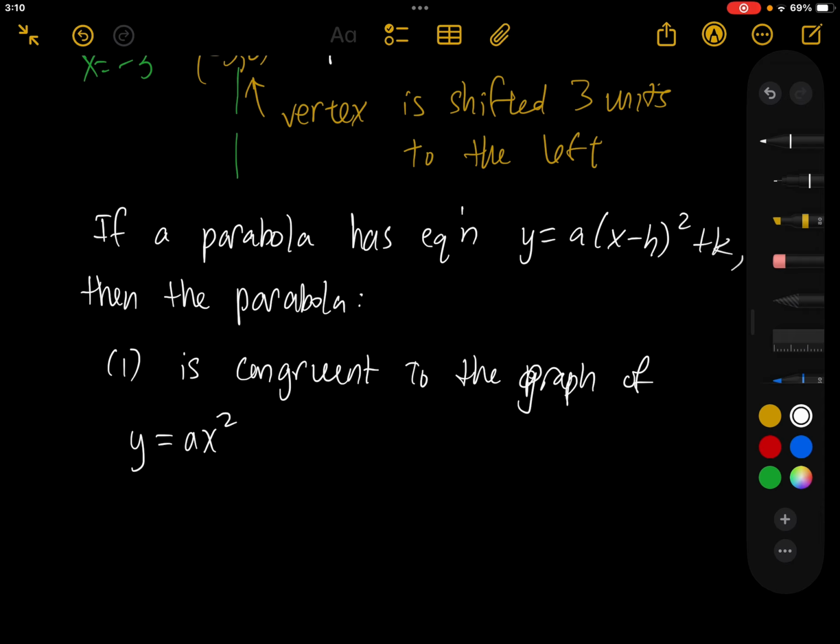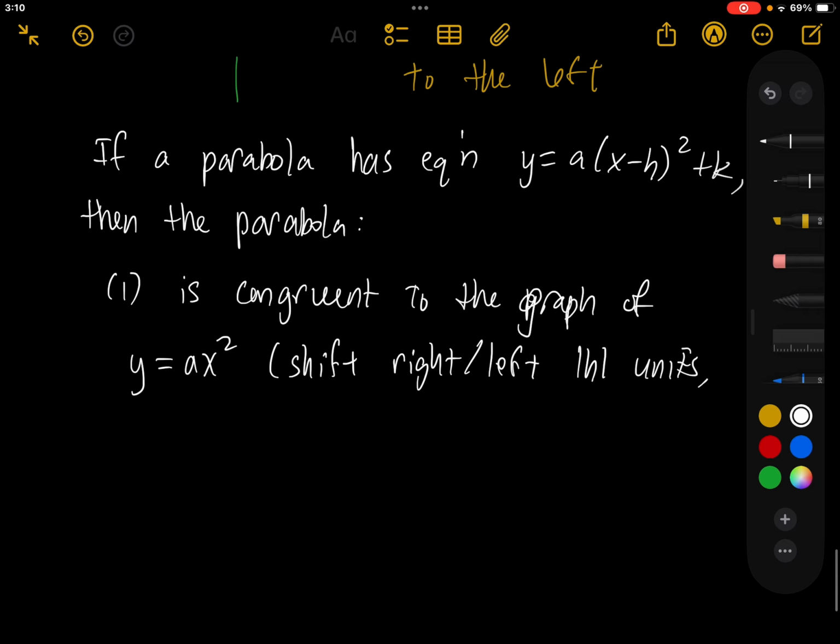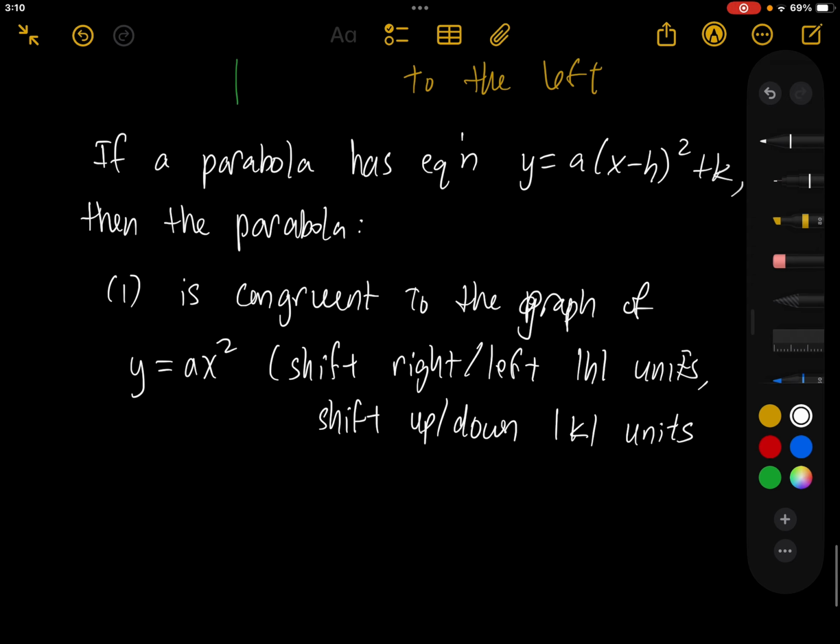To get y equals a times (x minus h) squared plus k, you start off with y equals ax squared, and then you shift to the right or left by the absolute value of h units, depending on if h is positive or negative, and then you shift up or down k units, depending on if k is positive or negative. And when you're just shifting, you end up with a congruent figure.